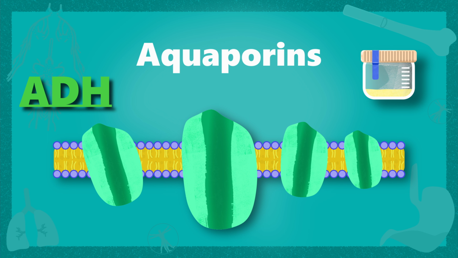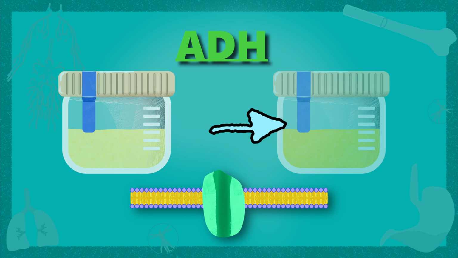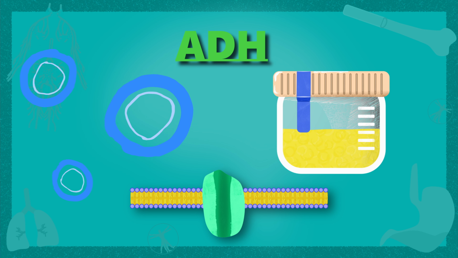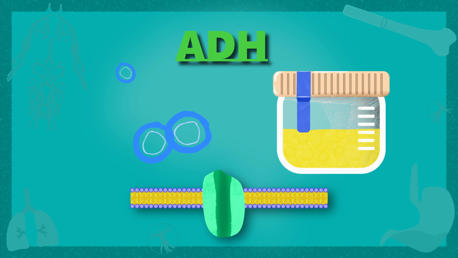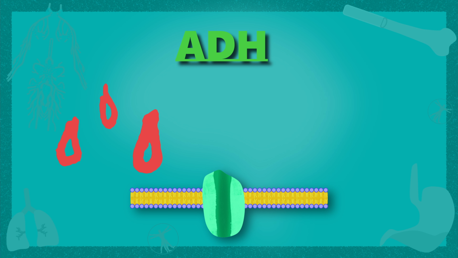Now, this reabsorption causes two additional effects: an increase in urine concentration because the water that had been diluting it has been reabsorbed, and an increase in blood volume because the fluid which had left the bloodstream to enter the kidneys has been restored. Now that last effect is actually the mechanism for ADH's function in the body.